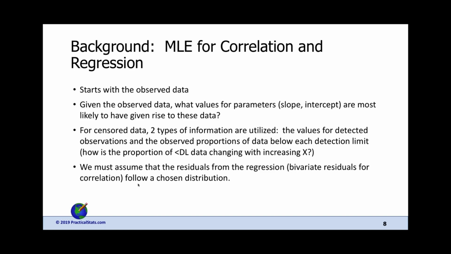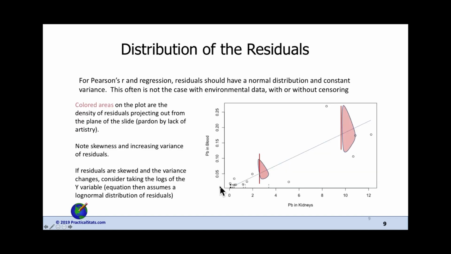If the residuals especially are skewed and don't appear to have come from a normal distribution, and we want to check that, then we would do something like transform the Y variable to get them on a different scale. A common transformation is to take logarithms for data that are skewed and have outliers up at the upper end. So we'll do all of that. This distribution of the residuals is important.